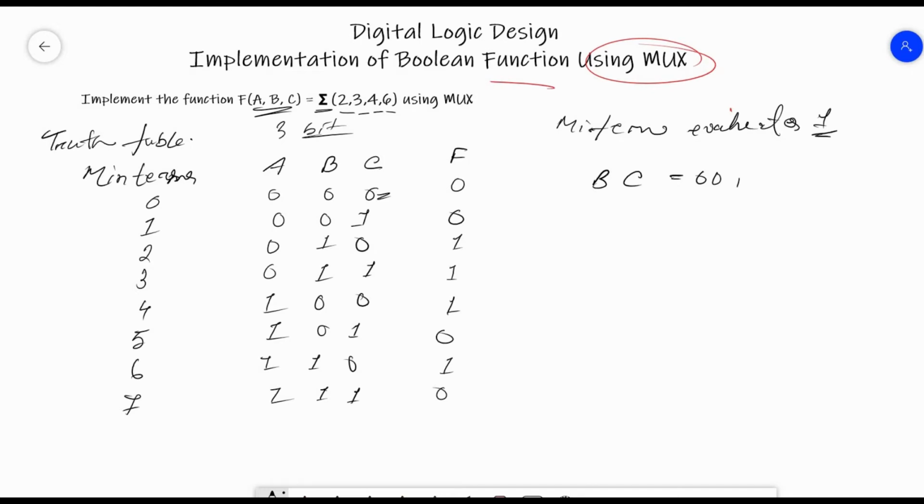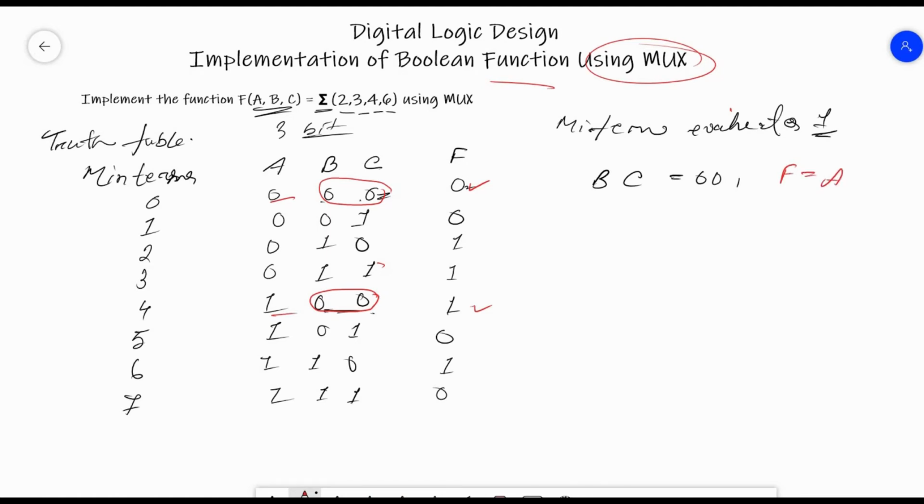If both of these are the same, and this is also the case for this one, we can see that F, when B and C are the same, follows A. When B and C have the same value, and the value is equal to 0, we can see that F follows A. So we can write here F equals A.